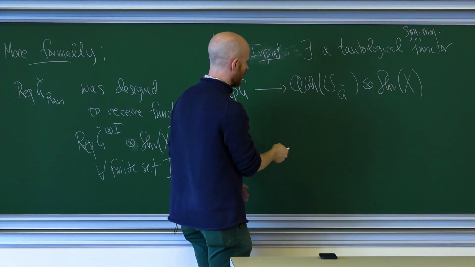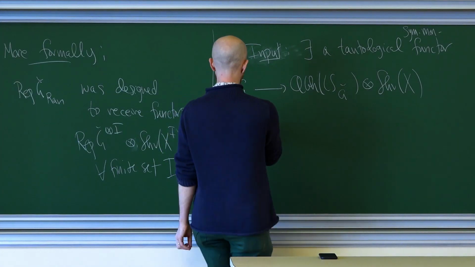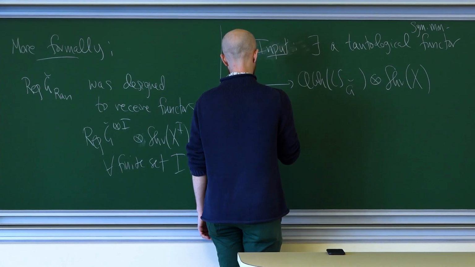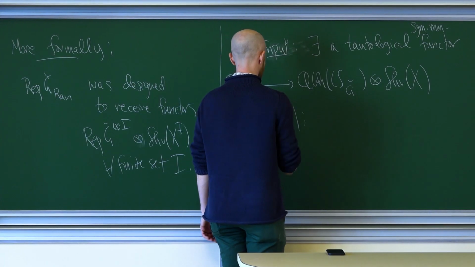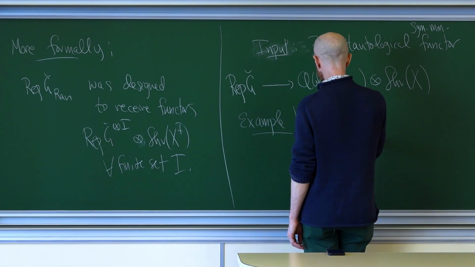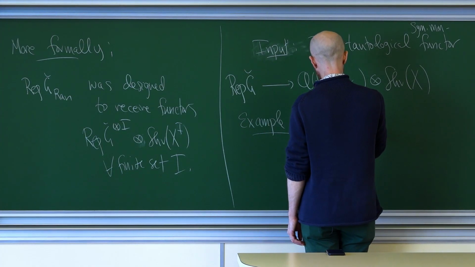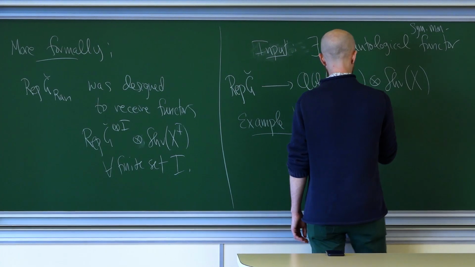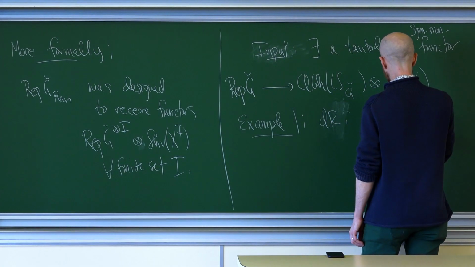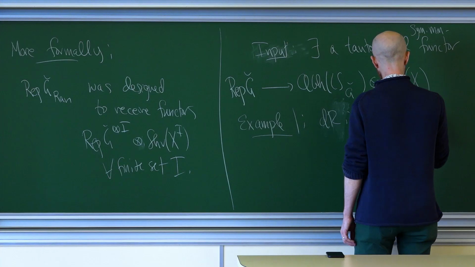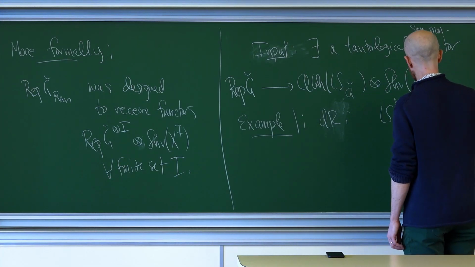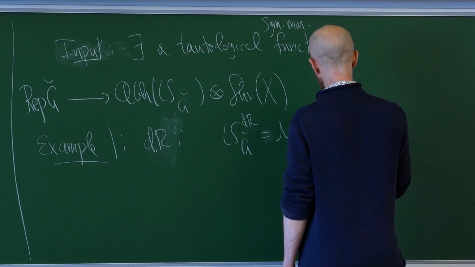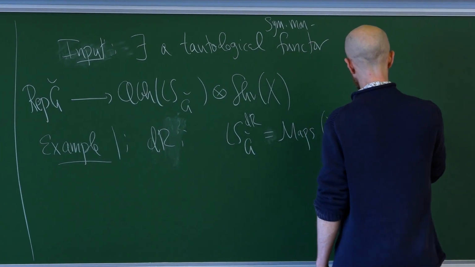Let me explain how this works. In example 1, LocSys G check, this is the de Rham setting. LocSys G check de Rham was the space of maps from X de Rham into BG check.